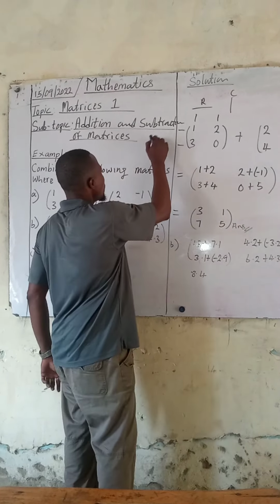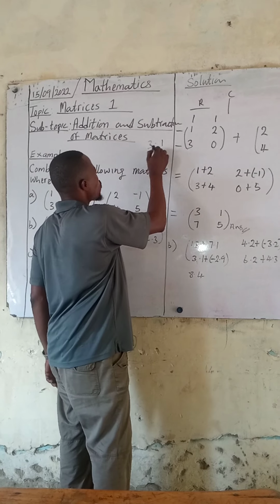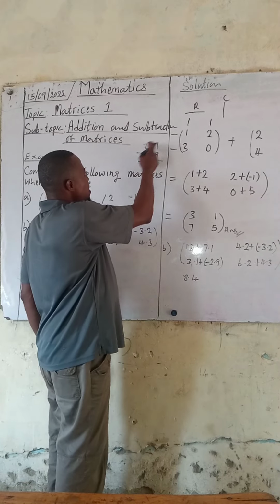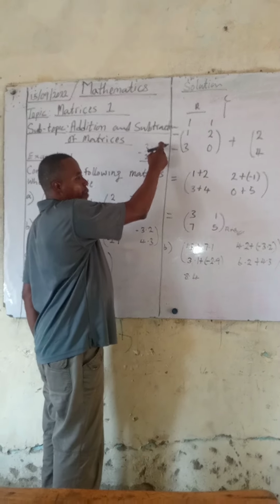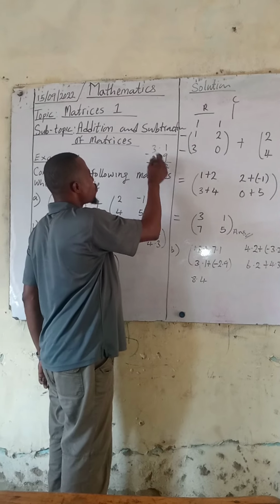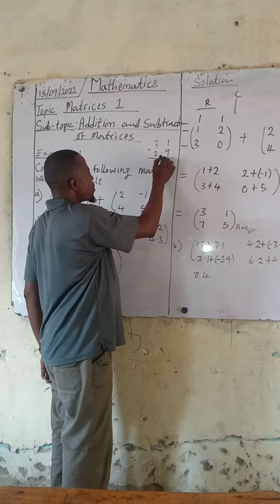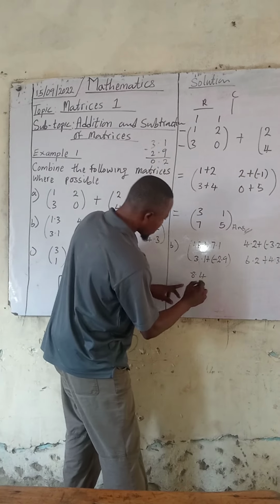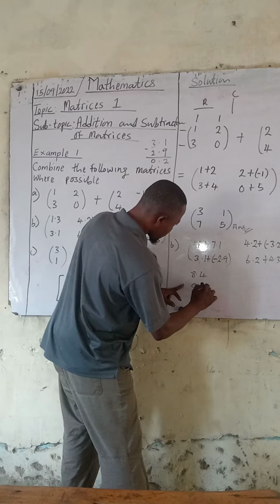We can do it here. 3.1 minus 2.9. Now we borrow 1 from this 3. When it comes here, this one will become 11. 11 minus 9 is 2. 2 minus 2 will give you 0. So we have 0.2.